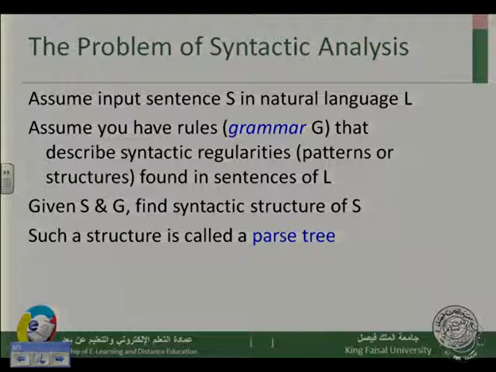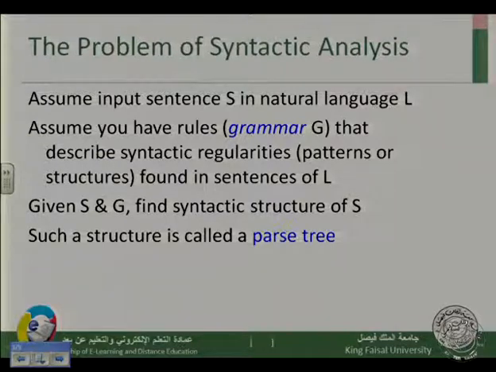So let's assume that we have certain patterns or structures. So regular sentences form a pattern or a structure. So from these patterns and structure, we want to have a syntactic structure, a full sentence, meaningful sentence.